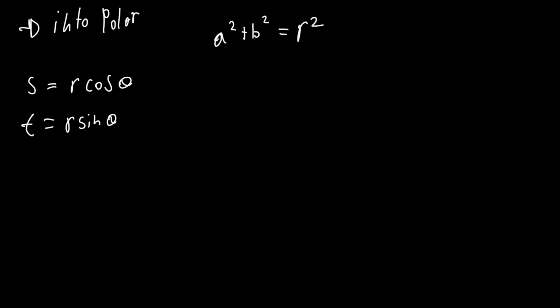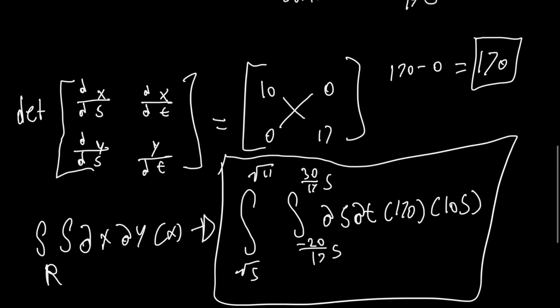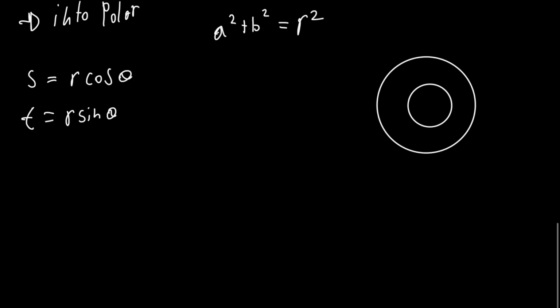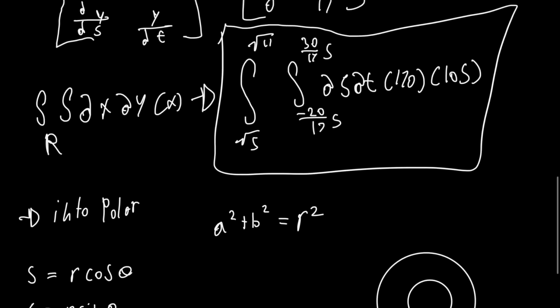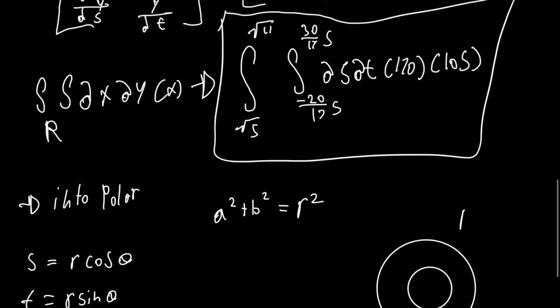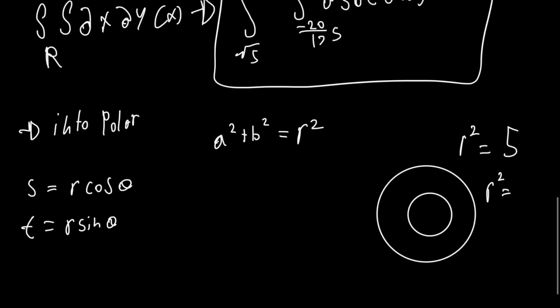So now let's go to our circle again. Draw our new circle. Recall here in this circle, I have s squared plus t squared equals 5, and then my a squared plus b squared is actually s squared plus t squared. So I'm just going to say my new things for that is r squared equals 5, and r squared equals 11.